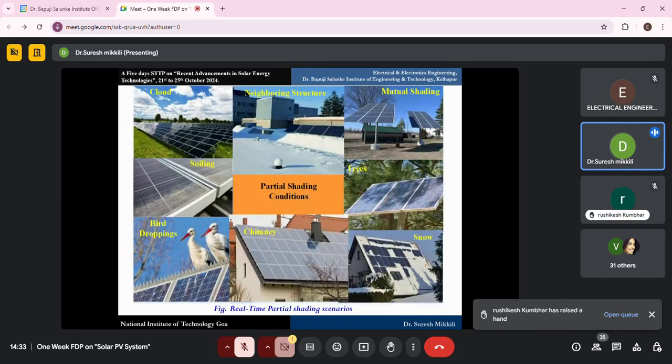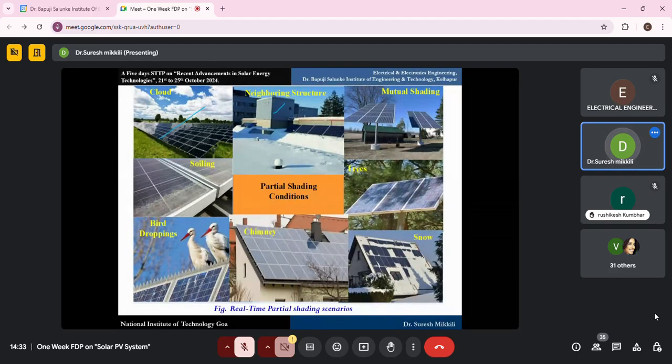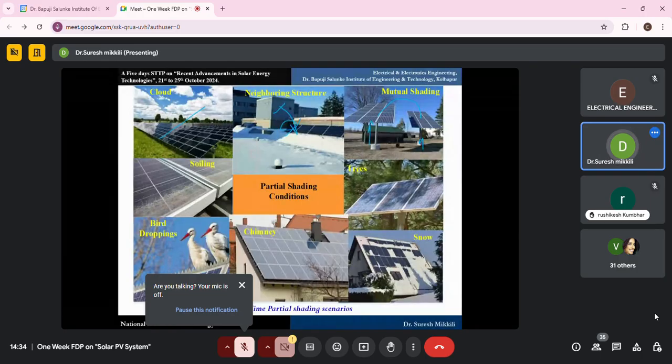Last time I have explained it already. So the different shading conditions are, just see, due to cloud a shading can happen, due to neighboring structures, because a building is very high and the PV panels are at lower height, shading can happen. Even if one PV module is a little higher and another PV module is lower, due to mutual shading a small portion is shaded, you see.